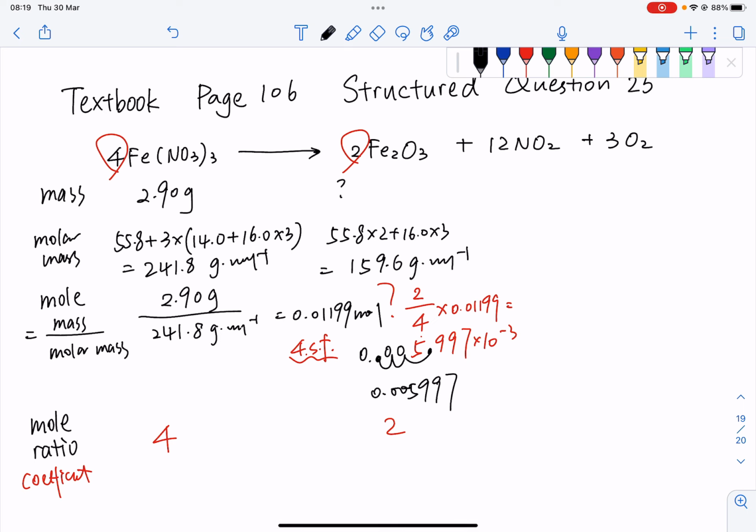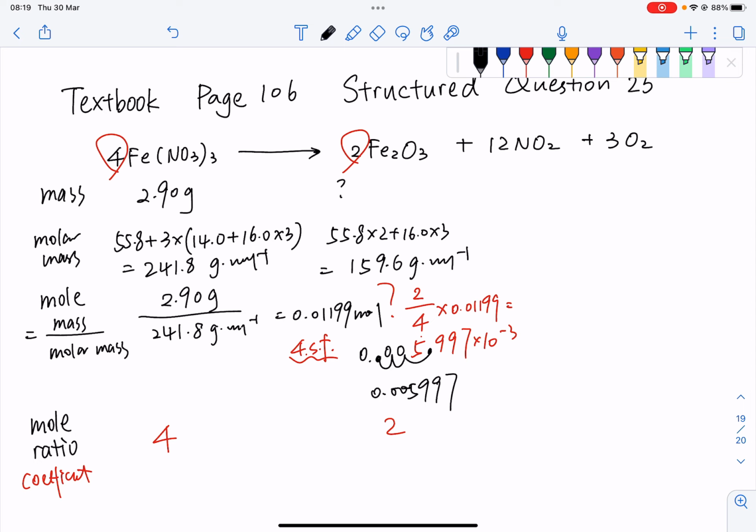If we have the mole and the molar mass, can we calculate the mass? Yes, because if you look at the formula, the mass is on the right. If we move the division from the right side to the left, it becomes times.